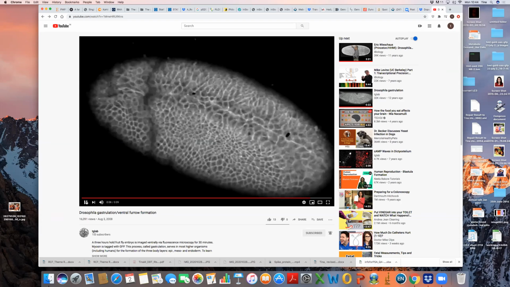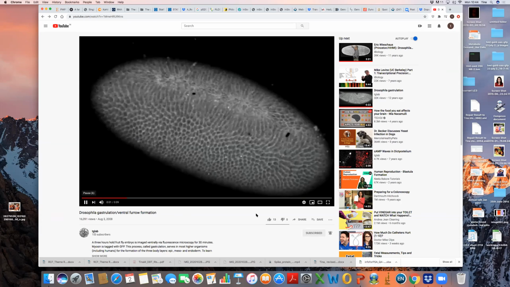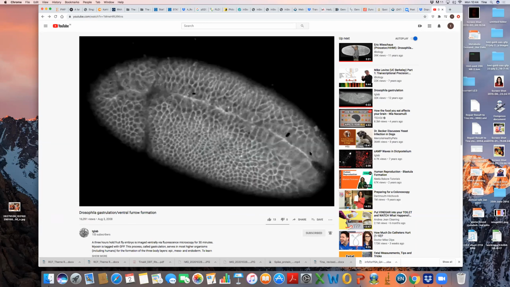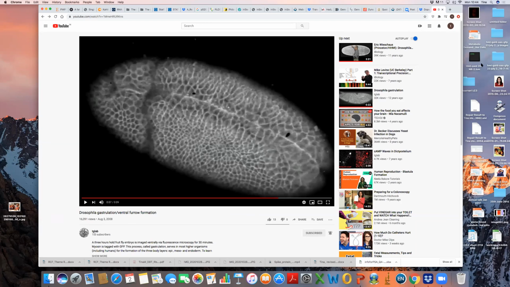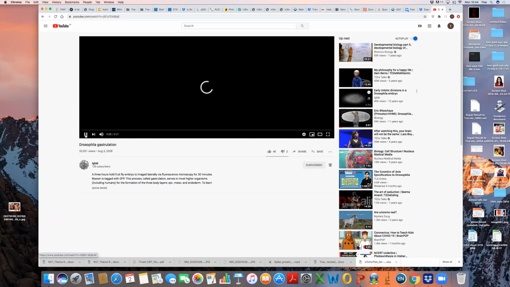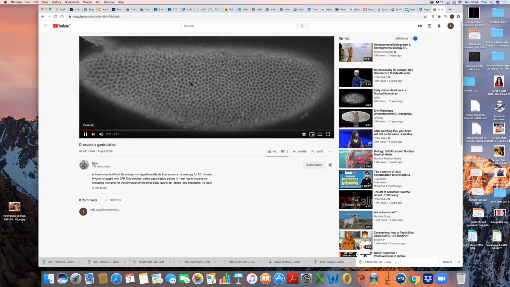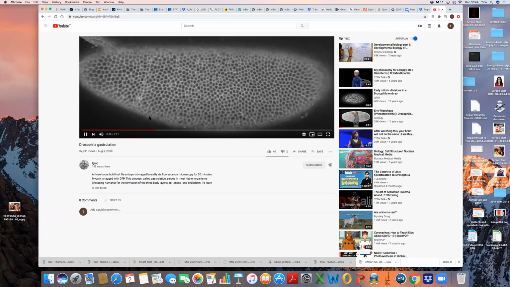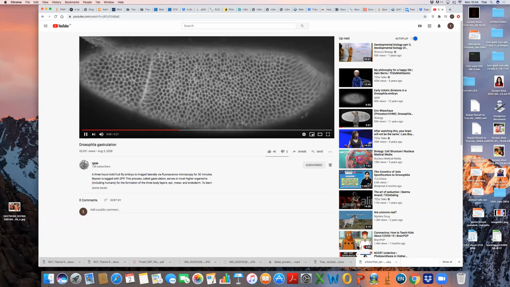The cells are moving in, and there's a movement from this end, which is going to be the germ band, which is extending. Now I'll show you one more video where it's perhaps more clear. Okay, now the movement happens.